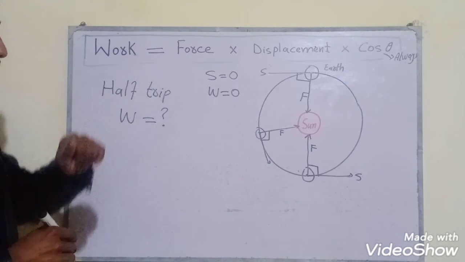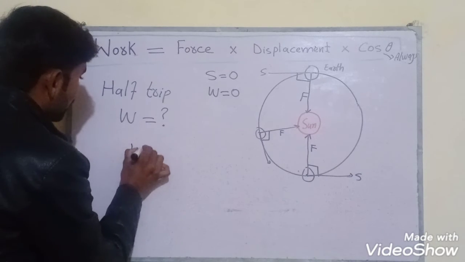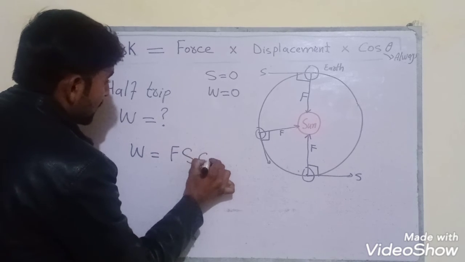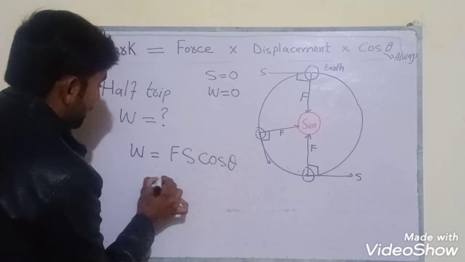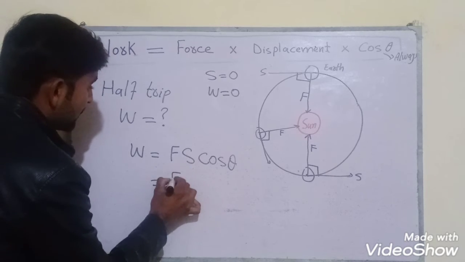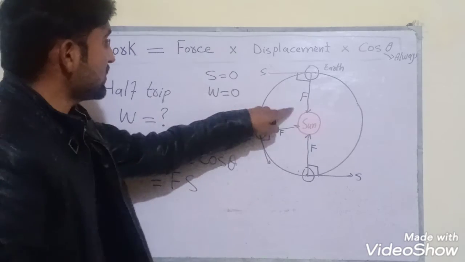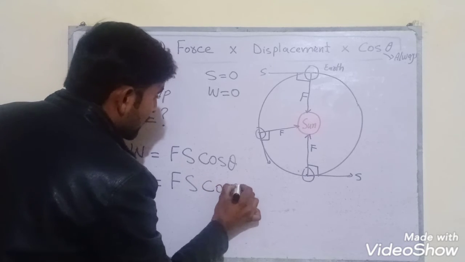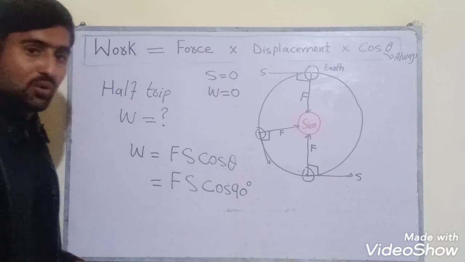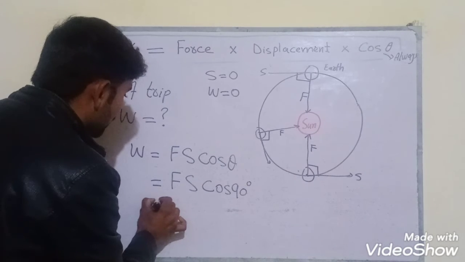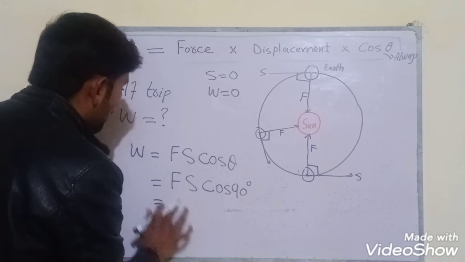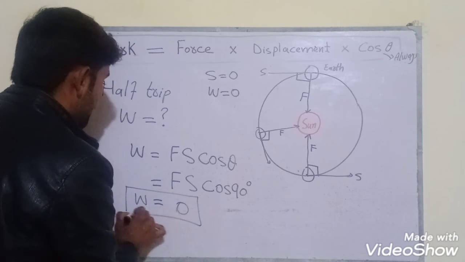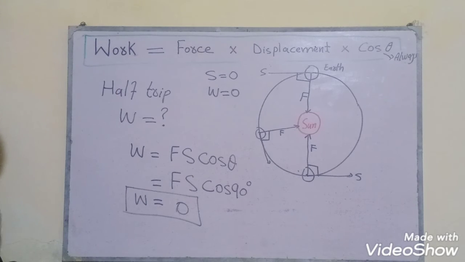We use the real formula for it. W is equal to force into displacement into cos of theta. Here, what is cos theta? When force and displacement are perpendicular, theta is equal to 90 degree. We have to remember cos 90 is equal to 0, and hence work done is equal to 0.